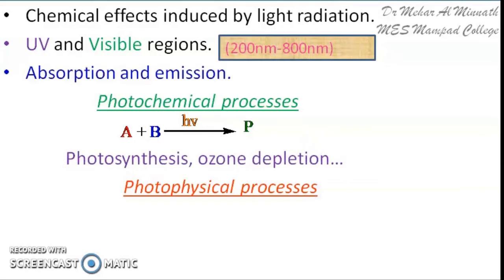Examples: photosynthesis. You have the ozone depletion, which we had already discussed when we were discussing pollution, or the natural ozone depletion, wherein the chlorine free radical reacts with ozone molecule to form oxygen molecule and ClO free radical, and where the chlorine free radical is formed when chlorofluorocarbon comes in contact with light, H nu.